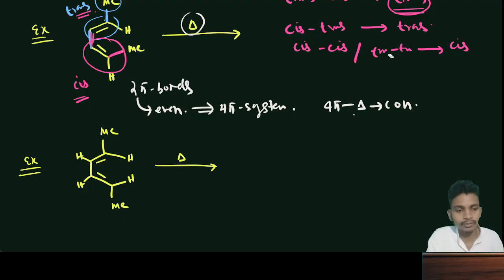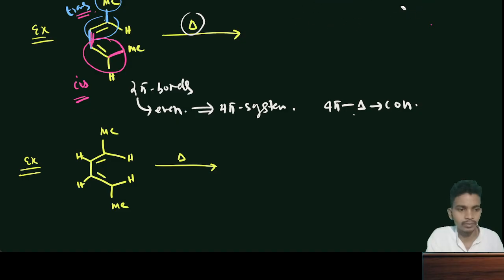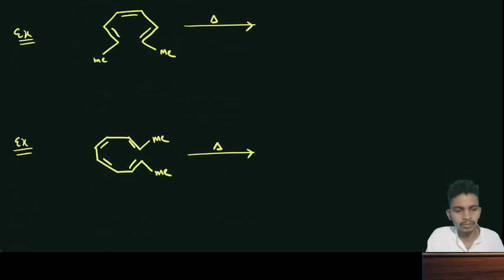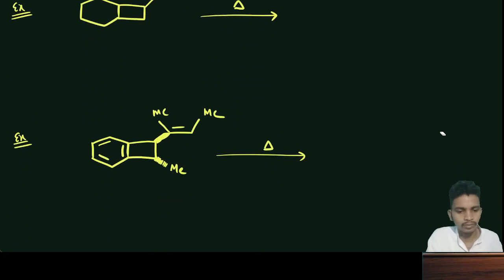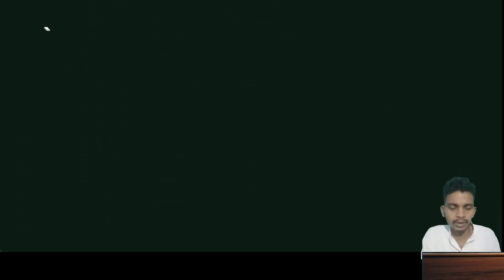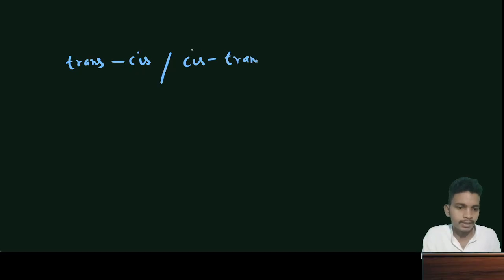This one also I will write somewhere. So here I will write that if one is trans and the other is cis, or cis and trans, then that is always assumed as trans.